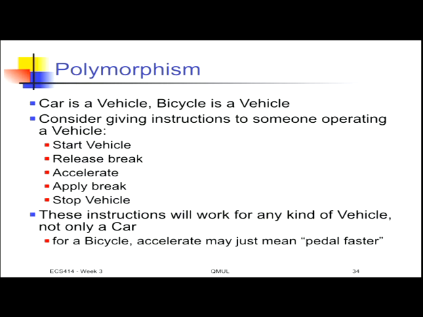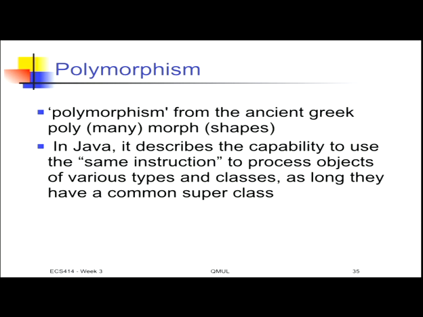These kinds of statements, which we can state at the level of a superclass but that make sense for all subclasses, are polymorphic. Polymorphic comes from the Greek: poly means many, morph means shapes. So these statements have different shapes, different meanings, but they can be stated in this abstract, more general way.